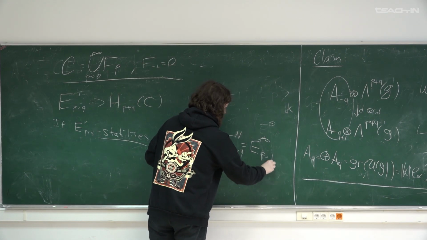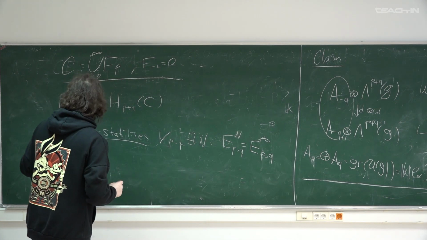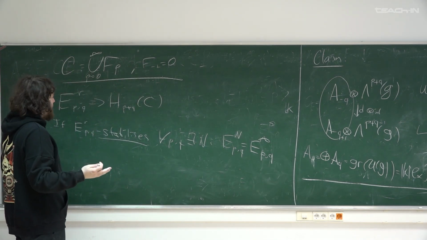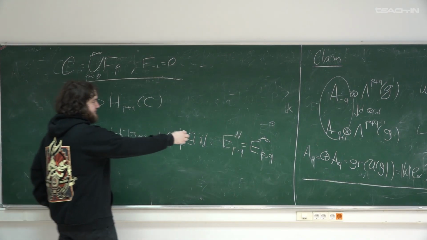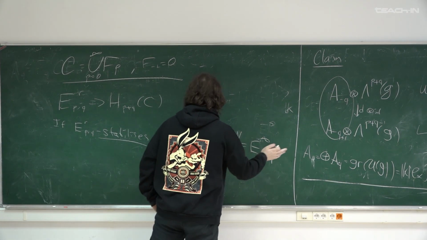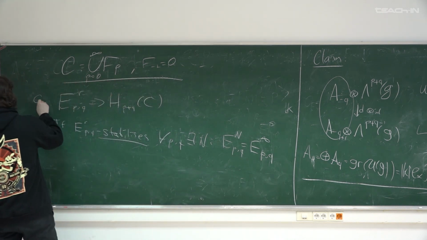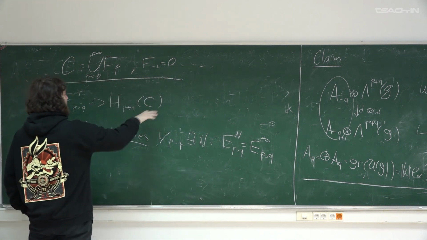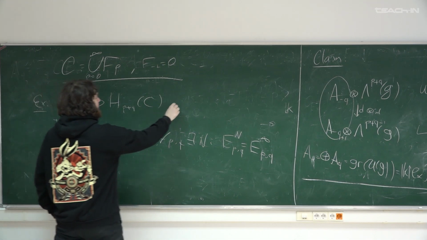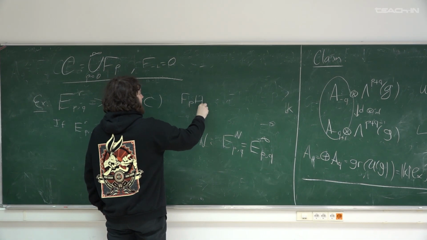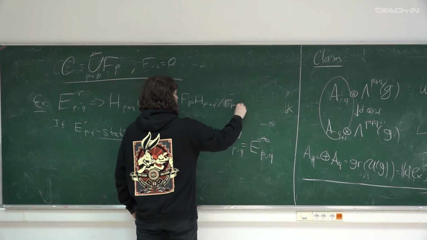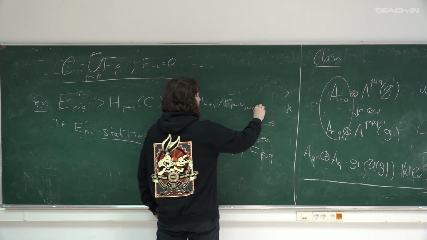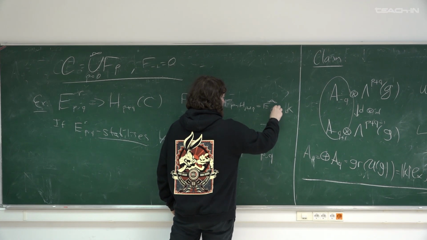Maybe it doesn't hold, for example. But if it holds, then we obtain the infinity page, and the exercise is that in this situation we also have a filtration on the homology of C itself, and the quotients of this are the infinity page.